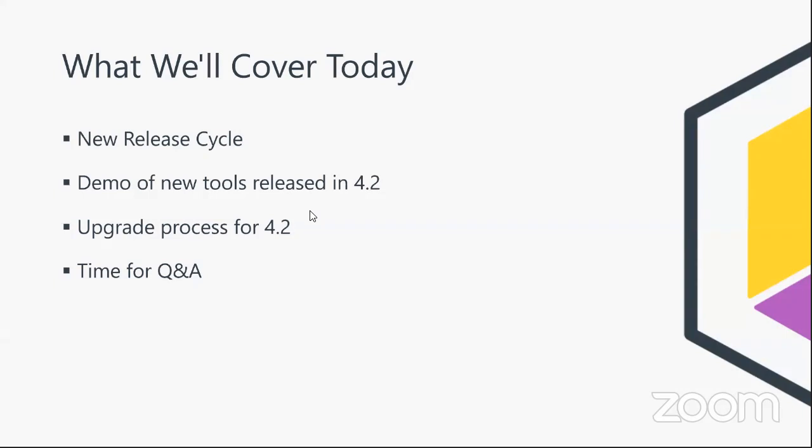The agenda for today looks pretty similar to last release webinars. We're going to start off talking about how we release Right-Click Tools and some of the differences between the different types of releases and what you can expect from those releases. Then we'll jump into a demo of some of the more impactful features in 4.2. This will not be an exhaustive list of all of the features inside the Right-Click Tools.